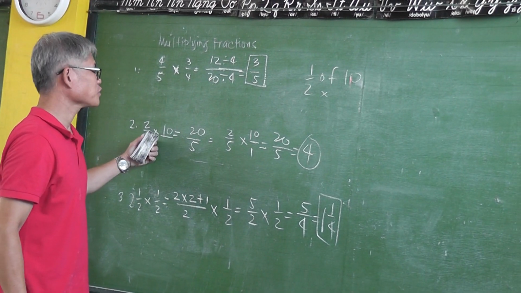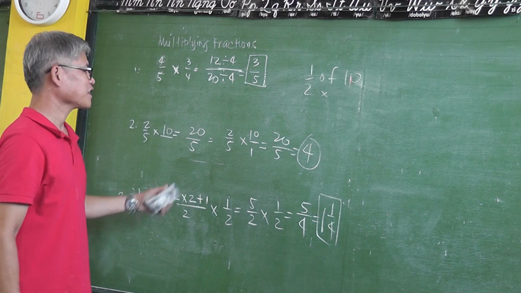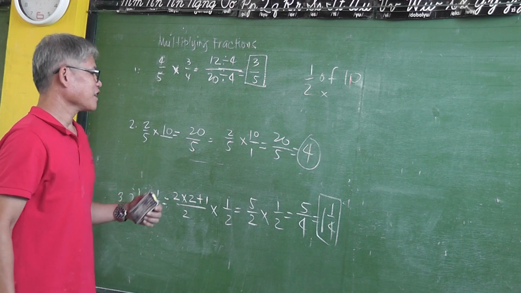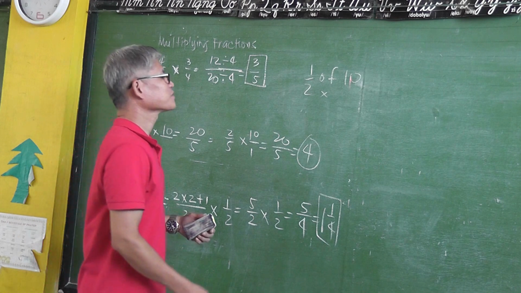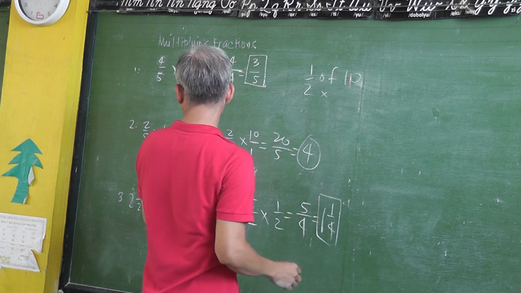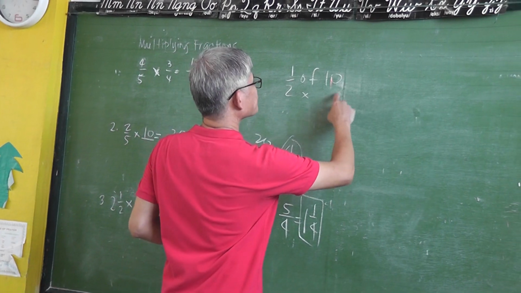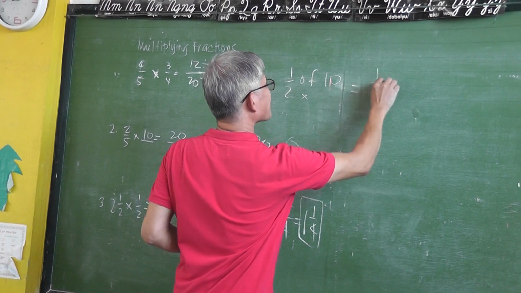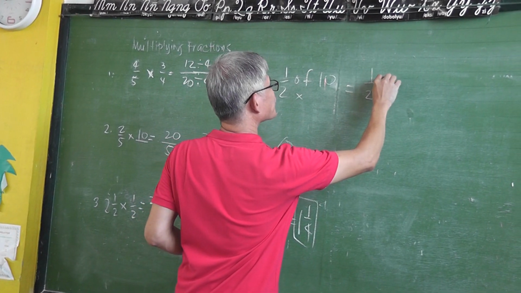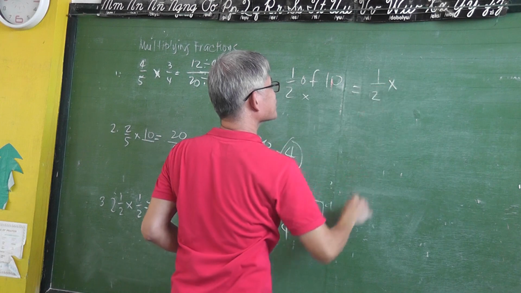So you could do the same procedure to find out the answer or the fraction. So we are going to solve this. 1/2 of 10, and of means multiplication.